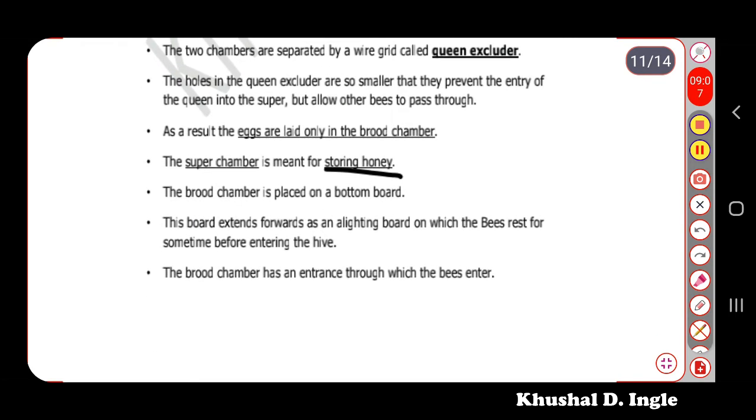Then the next point is that the brood chamber is placed on a bottom board and the board extends forward as an alighting board on which the bees rest for some time before entering the hive.